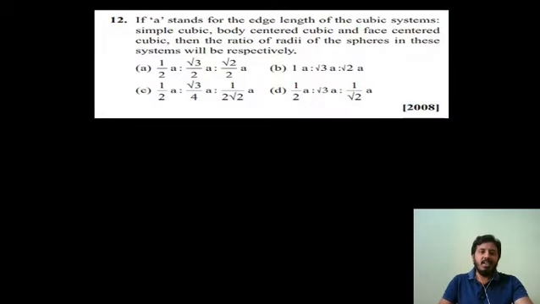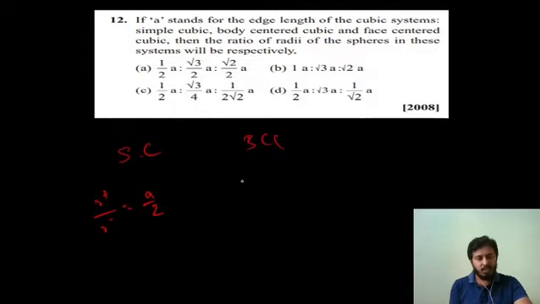Question number 12. If a stands for the edge length of the cubic system, simple cubic, body centered cubic, and face centered cubic, then the ratio of radii of the spheres in these systems will be respectively. So here we have to predict the ratio of radius of spheres in simple cube, body centered as well as face centered cube. For simple cube, radius is a by 2.